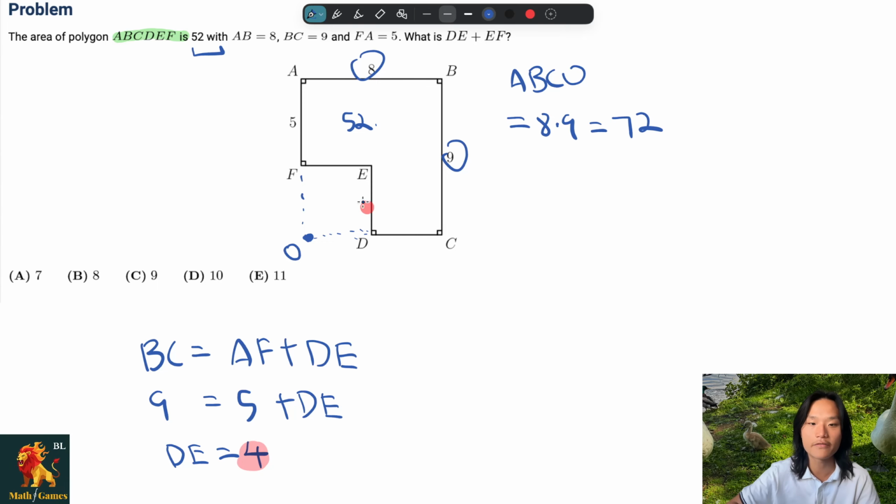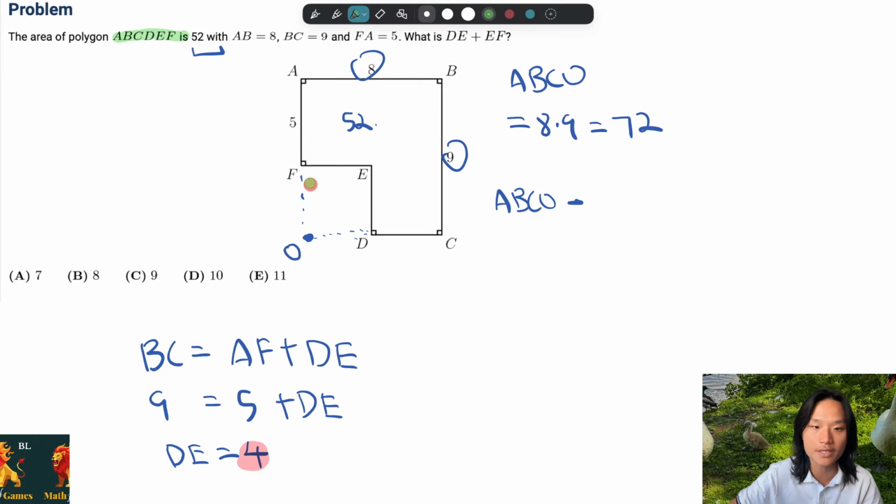So we can form an equation here, being the area of ABCO take away the area of this shape here, FEDO.